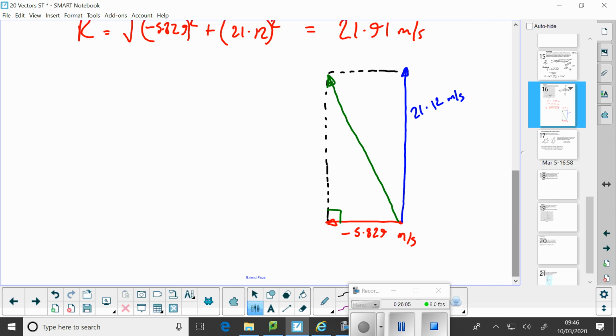The important thing to remember is that this green vector here has got to be specified as a length of line, which we've calculated to be 21.191 meters. And we're interested in this angle from 0.